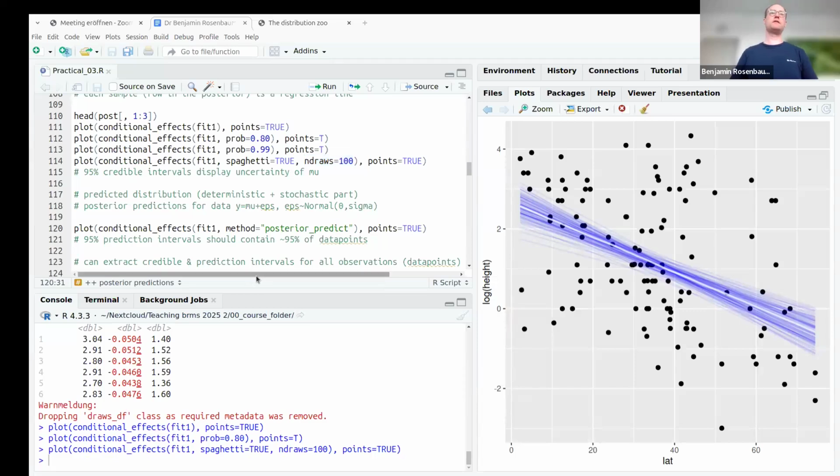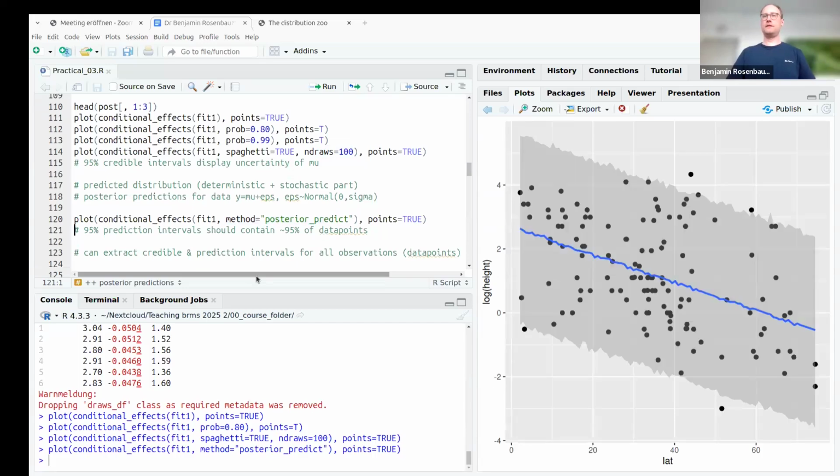And you can visualize this also with the conditional effects by specifying the method here, which is posterior predict. This means that additionally to the deterministic prediction or the fitted value, it automatically includes the standard deviation. And then you get the full uncertainty here in the data prediction model.